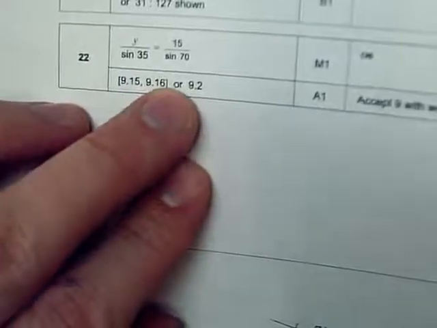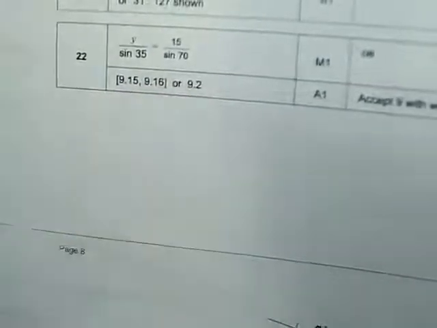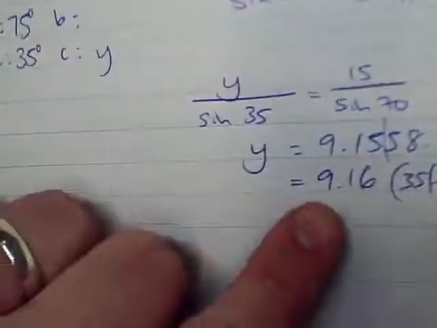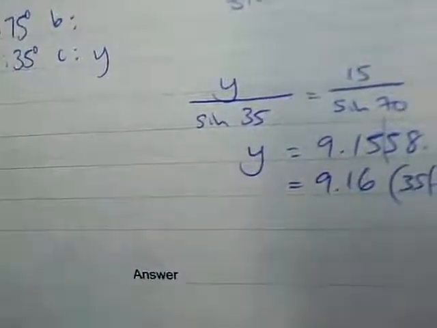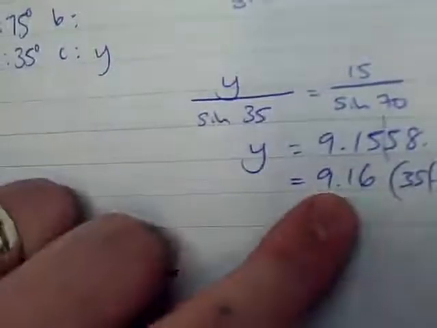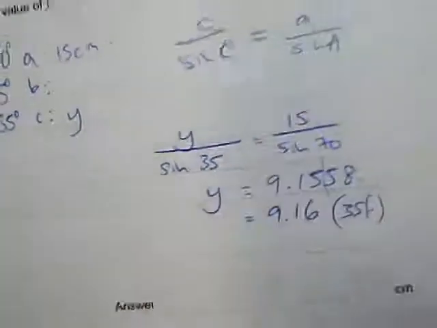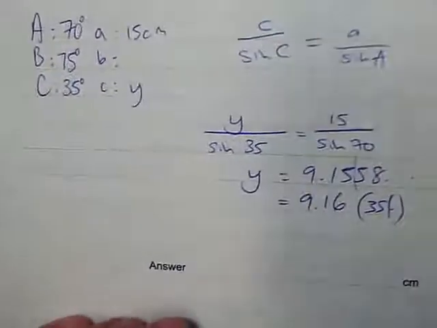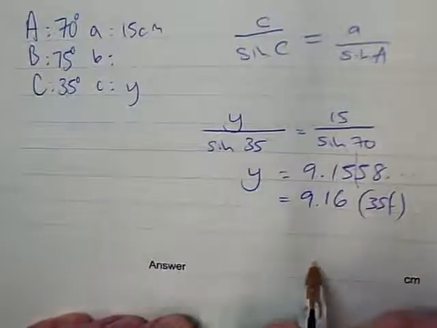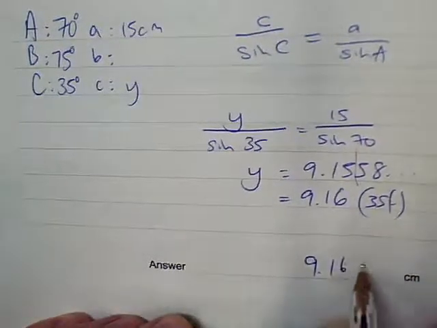So you would get the mark if you just left it unrounded. If you rounded it off to 9.16, then that's fine according to the mark scheme, and also they'll accept 9.2, so you could have rounded that off to 9.2. So generally they're quite lenient if you haven't been told how to round it.